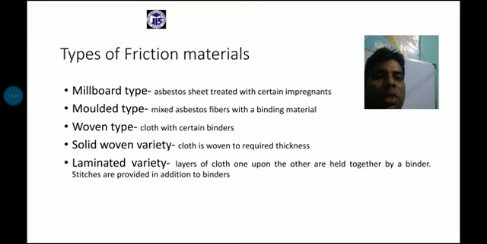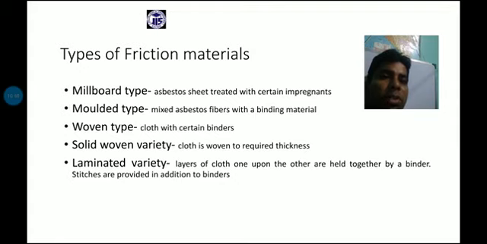Next is the woven type, which is combined with cloths and binder. And next is the solid woven variety, where the cloth is woven to the required thickness.